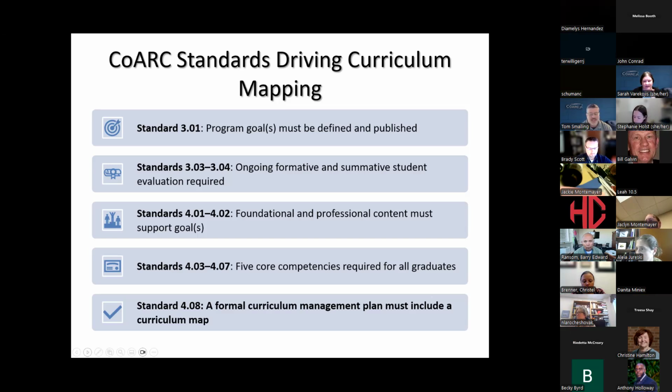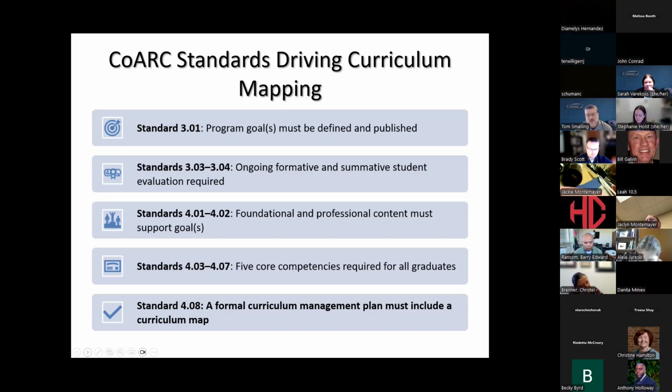It includes remediation and a number of different things, but the focus really is going to be on 3.03 and 3.04: the formative, meaning the going-along type of evaluation, and then the summative evaluation, what you're doing at the end. We've really beefed up section 3, and hopefully it aligns pretty well with what we all will be doing.